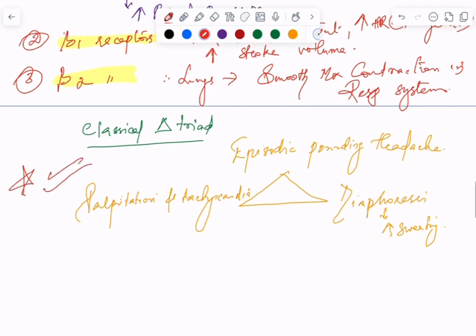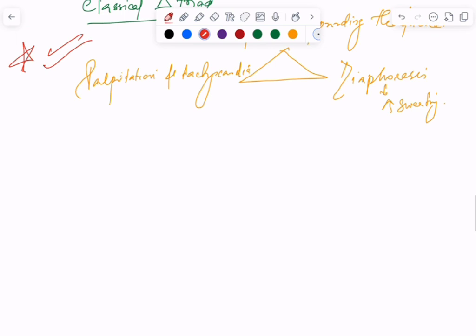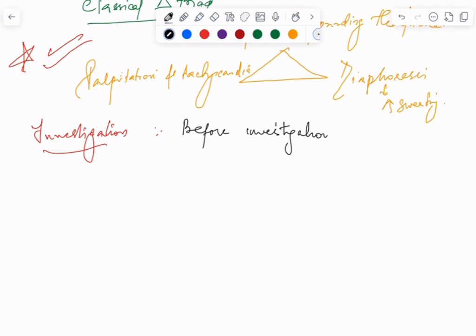Let's move to investigation. Here you have to understand one sentence. Before investigation, if the patient is taking any interfering medication, you should discontinue it.